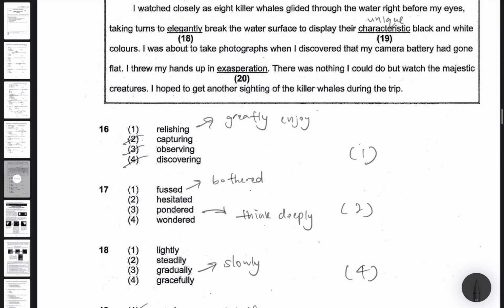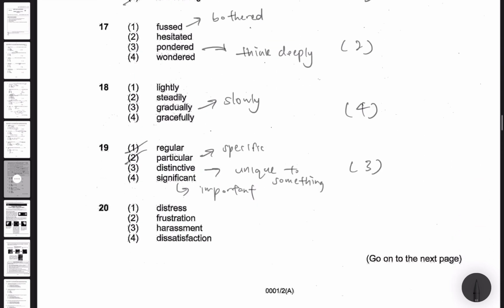Okay. 20, threw my hands up in exasperation. Basically what? To be irritated or annoyed. That's what it means to be exasperated. Okay, to be in exasperation. So the best answer here is obviously number 2, right? Can't be harassment. You guys know what harassment is, right? To disturb.